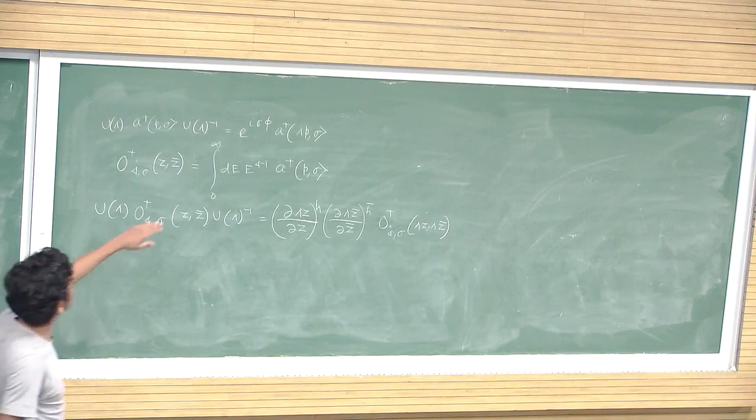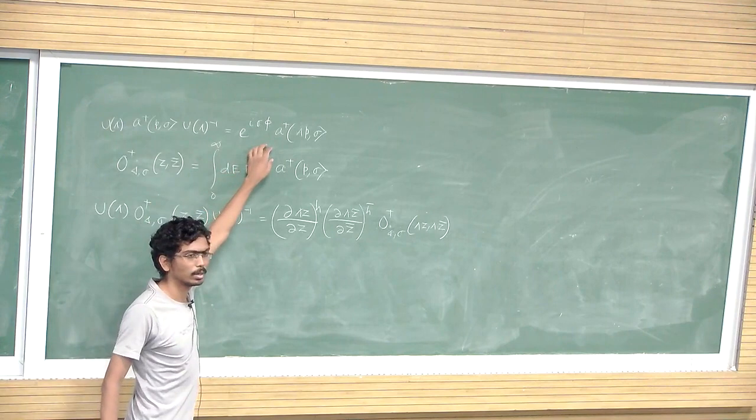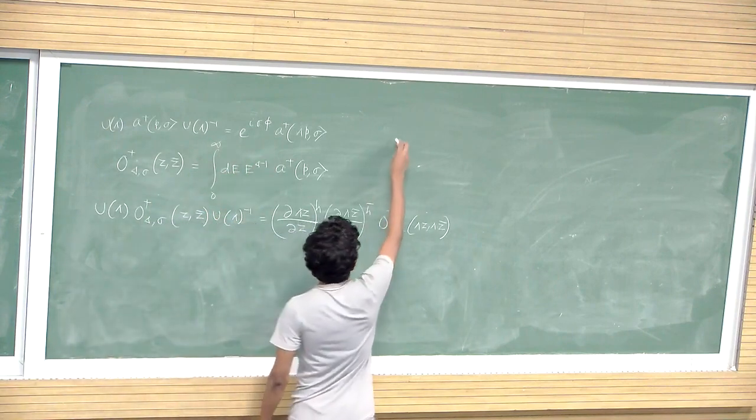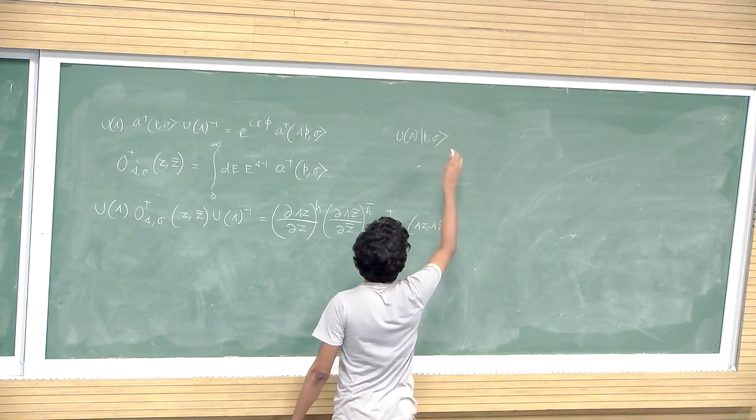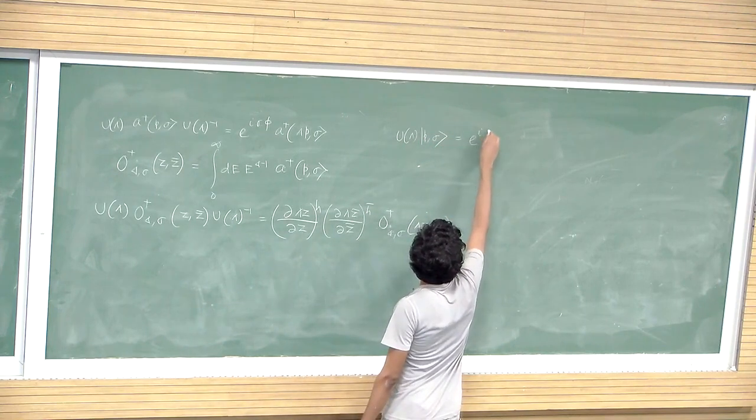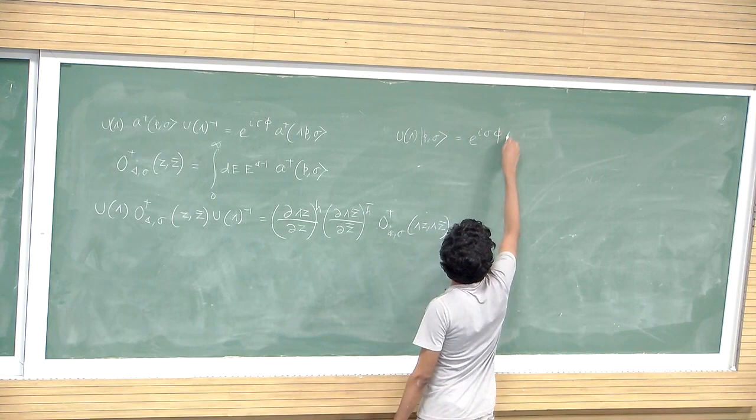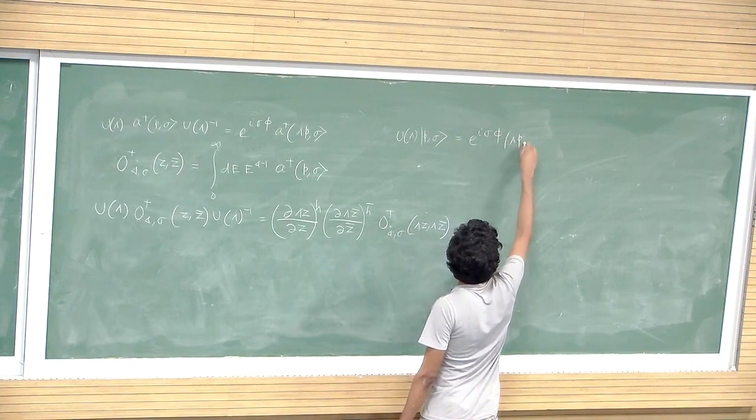This is the transformation property of the creation operator. If you remember, u lambda acting on p comma sigma was giving you e to the i sigma phi lambda of p comma sigma.